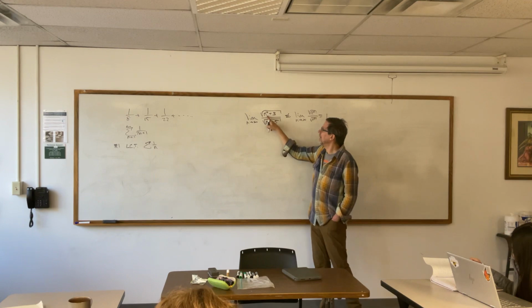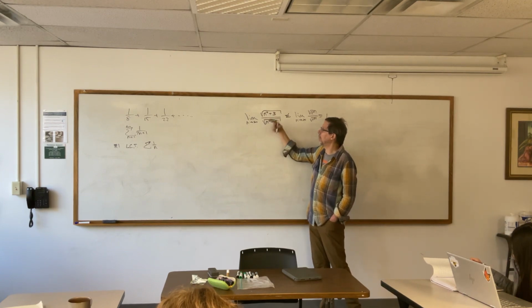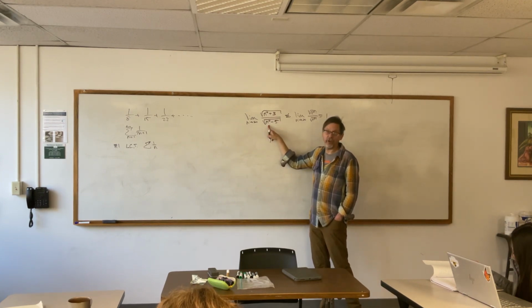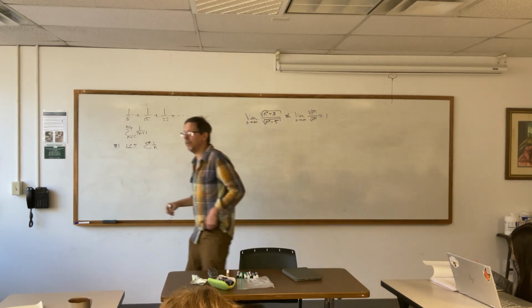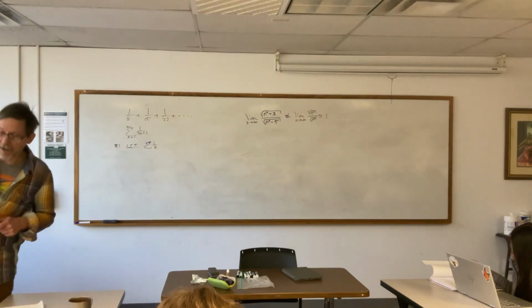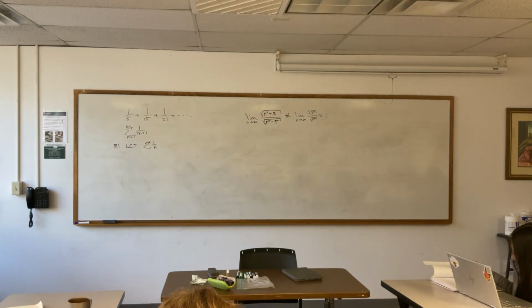Think a billion to the 10th plus 3, the square root of that is going to be pretty close to this. So these come out to 1, but I feel like on this one, you should maybe not be doing the ratio test. Yeah, don't do the ratio test until it says ratio test, and then from there on out.